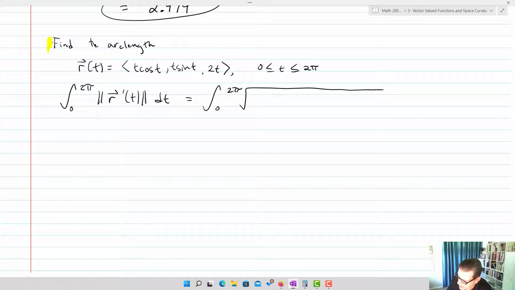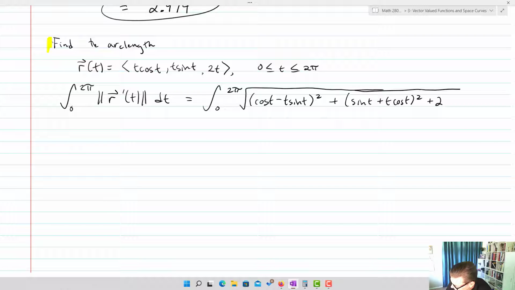and so the derivative of t cosine t is going to end up being cosine t minus t sine t, squared, plus sine t plus t cosine t, squared, plus 2 squared dt.